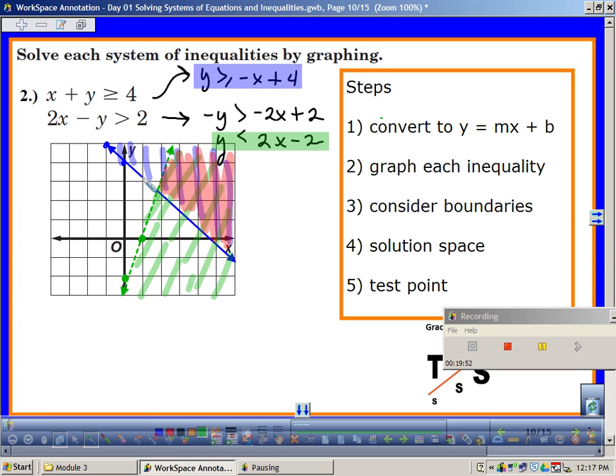Another would be that it's a solid blue line. Another point would be the shading above the line. There's 3 points like that. The green one, 1 point for getting y is less than 2x minus 2. 1 point for this is going to be a dotted line. Another point for shading below it.